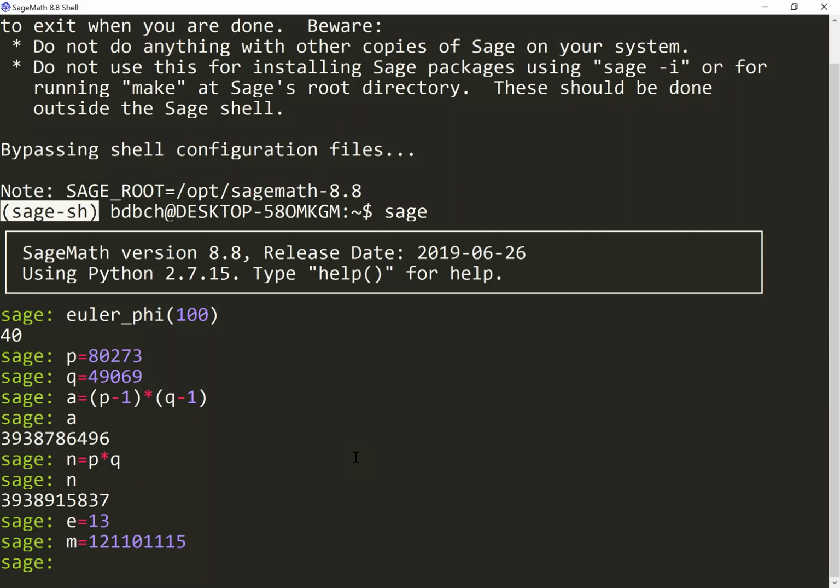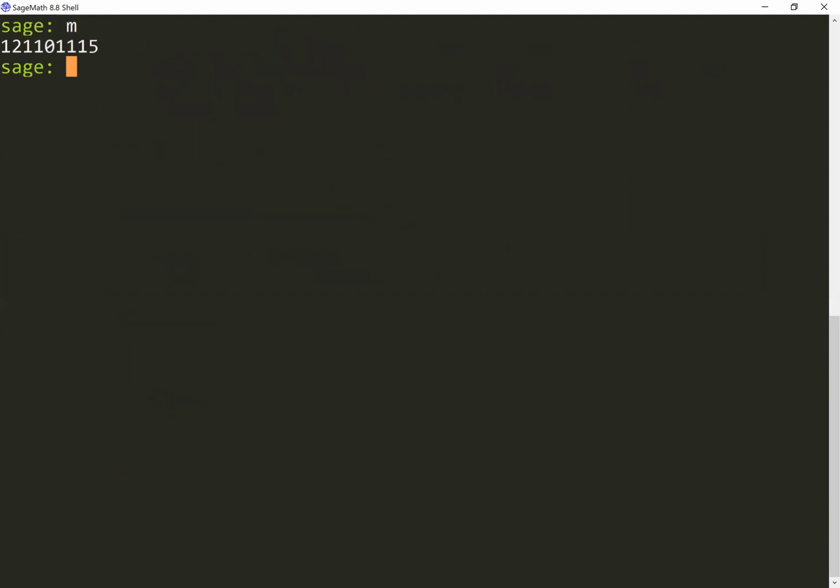Okay, let's compute m to the power 13. So this is the message. Now n is the public key and E is 13.